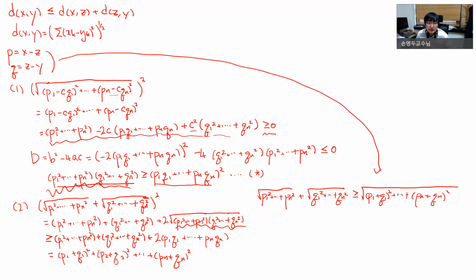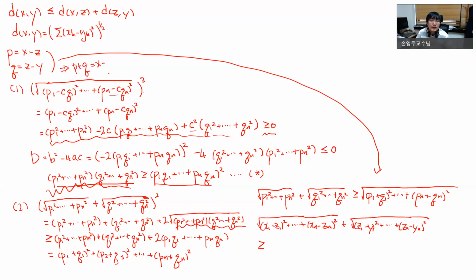Then p is x minus z, so the square root of (x1 minus z1) squared plus ... plus (xn minus zn) squared, plus q is z minus y, the square root of (z1 minus y1) squared plus ... plus (zn minus yn) squared, is greater than or equal to p plus q, and here p plus q is x minus y.